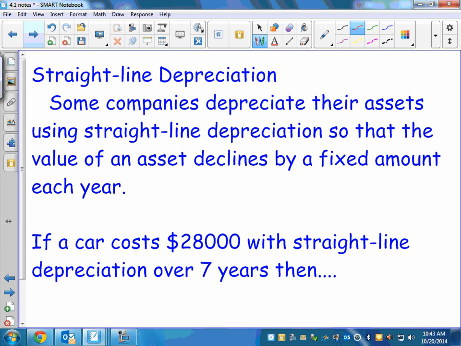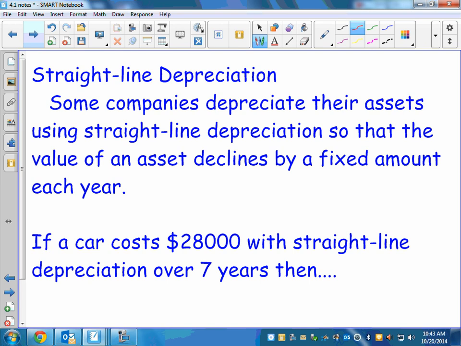Straight line depreciation. I find this to be a little silly, but it says some companies depreciate their assets using straight line depreciation so that the value of an asset declines by a fixed amount each year. If a car costs $28,000 with straight line depreciation over 7 years, we want to ask what the slope of that would be, because it's a straight line.